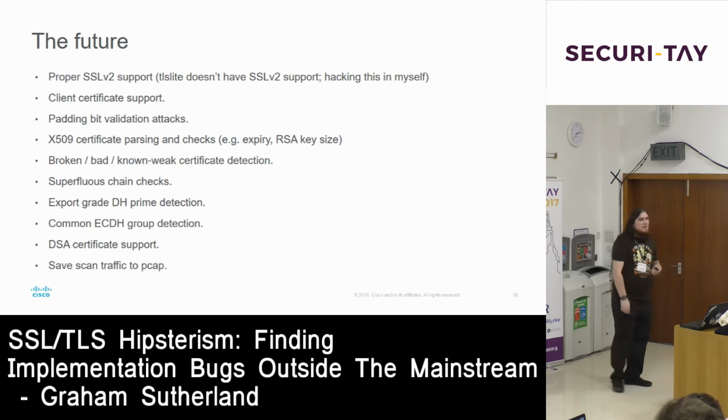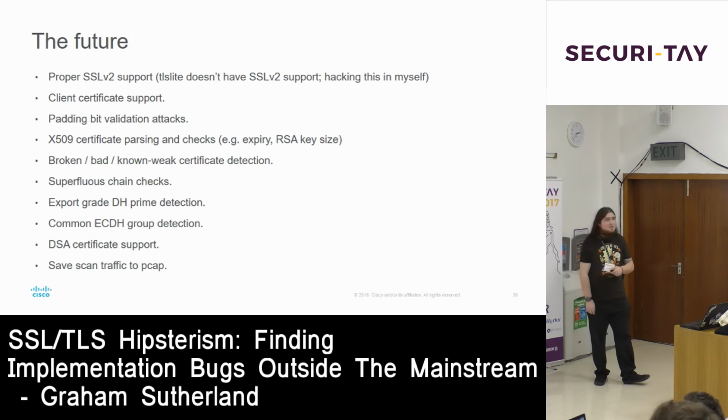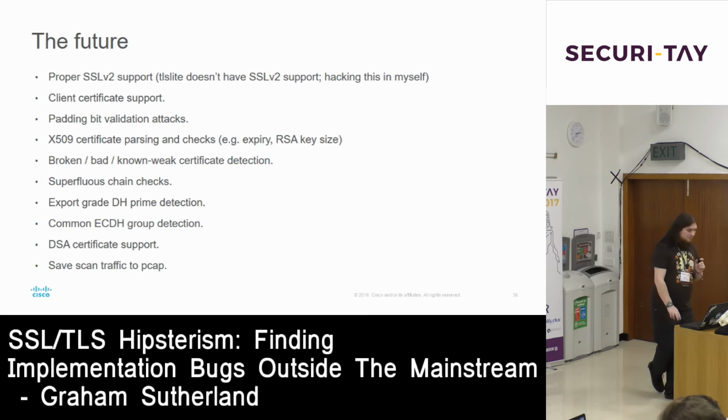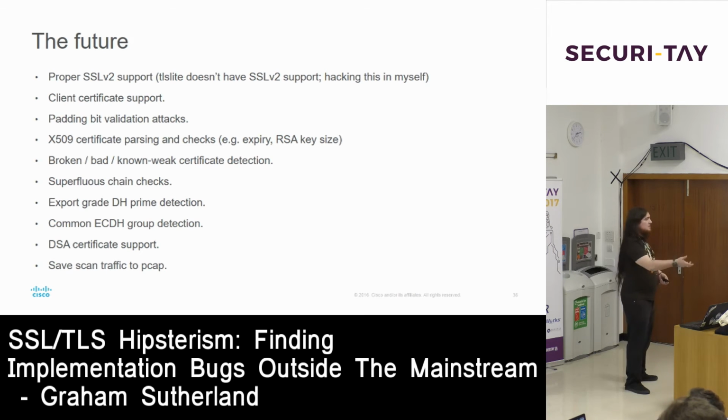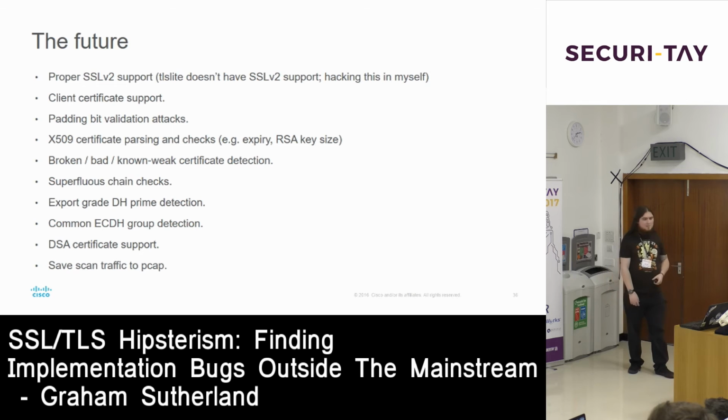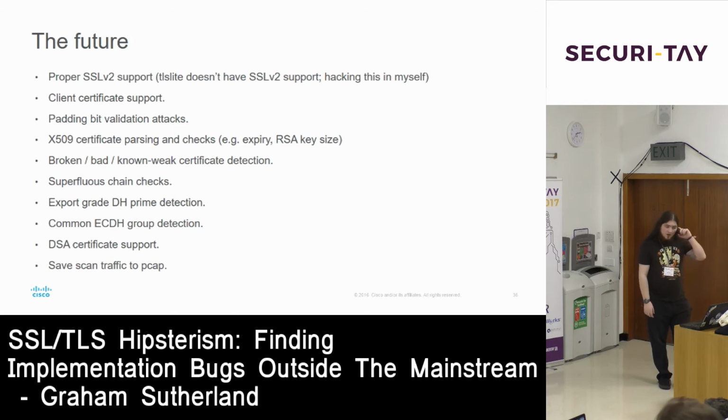Extending the MAC validation stuff to padding bits as well, because padding validation, of course, is very important as well. X509 certificate parsing, so basically whenever you speak to the server, look at the server certificate that's given back, parse that, look for bugs in that, like SSL Labs does, like quite a few other tools do.